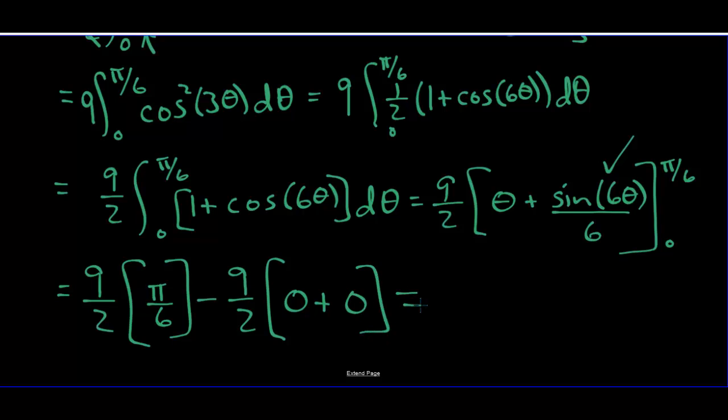So it looks like my answer is going to be 9/2 times pi over 6, which is 3 pi over 4. Looks like it reduces to that. And that's how we do these integration problems.